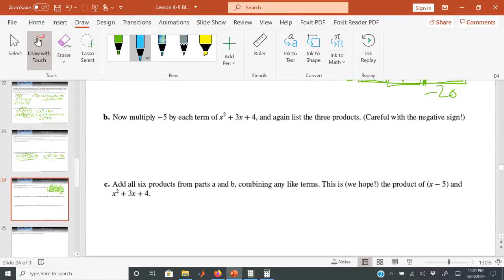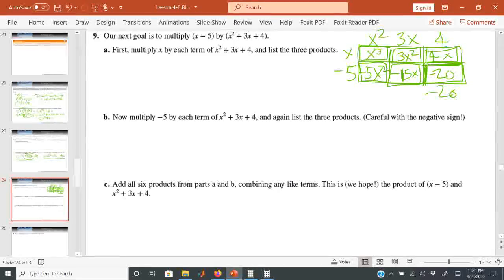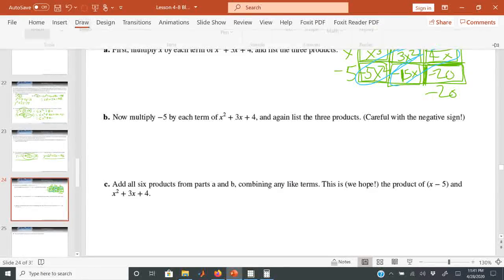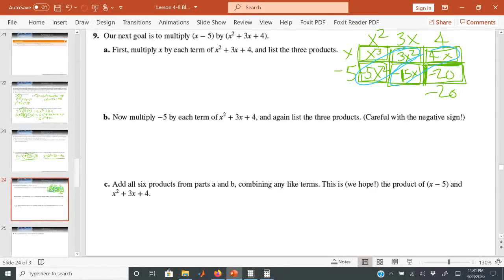When I am combining my like terms, they kind of line up with each other. So 4x plus negative 15x gives me negative 11x. And then 3x squared plus negative 5x squared gives me negative 2x squared.